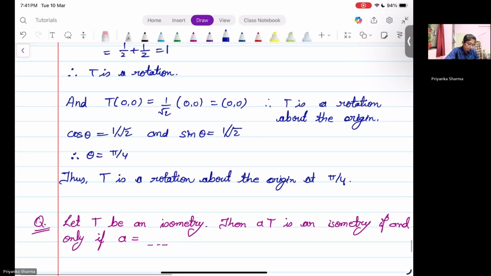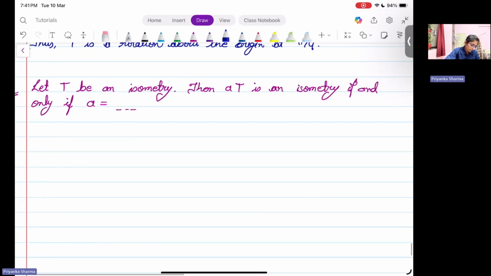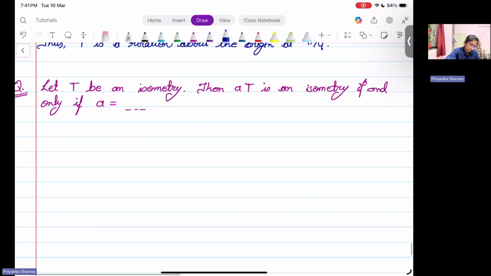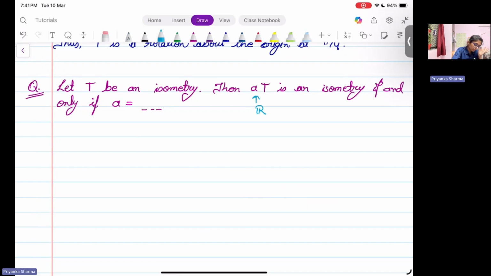Okay, the next question: if T is an isometry, then AT, where this A is some element from R, is an isometry if and only if A is dot dot dot. So we need to find the value of A such that AT will again be an isometry, if T is an isometry. So how to do it?